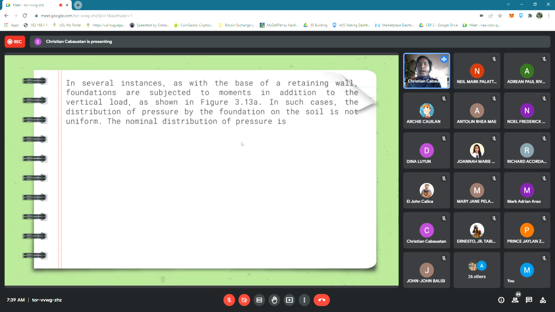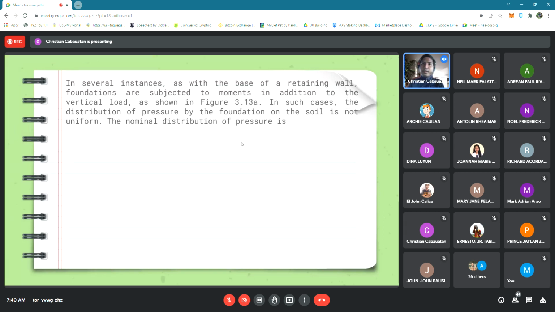But this time, because of the effect of the moment and its eccentricity on the foundation, the distribution of the loads is not going to be uniform. It would be trapezoidal, or it would be a triangular distribution.